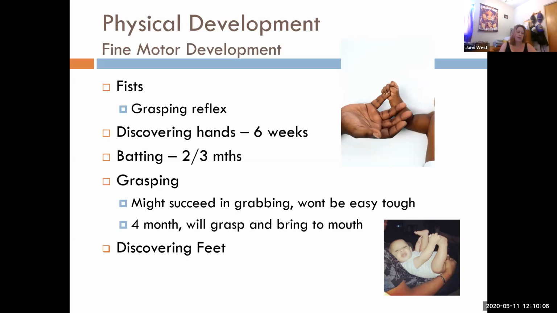Right around 2 to 3 months, you'll start to see the batting. This is when they're swiping or batting at things, trying to learn about them, trying to get them. I have heard parents or adults scold an infant because they feel like they're getting hit by them.